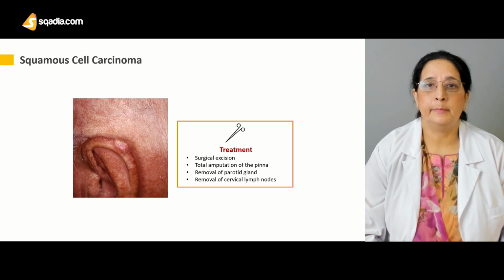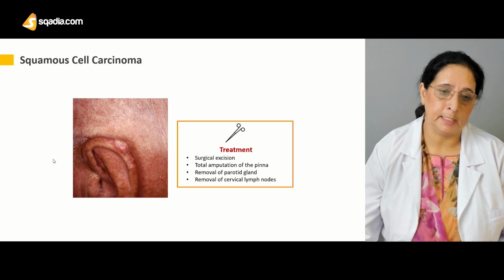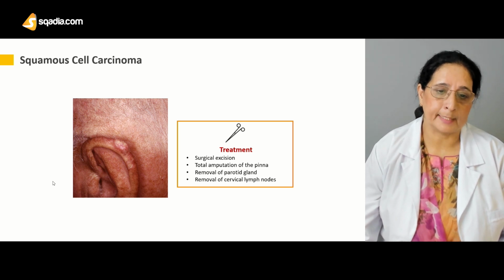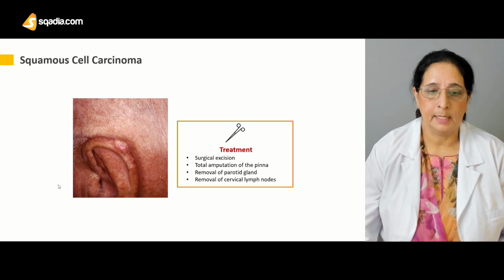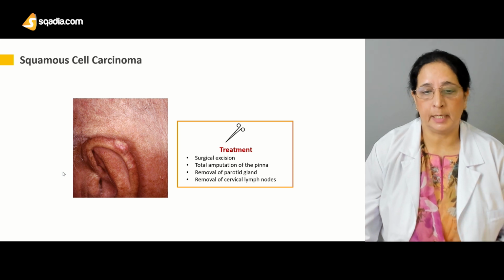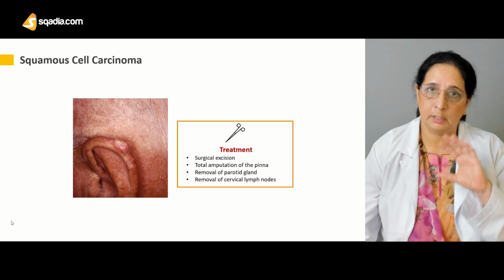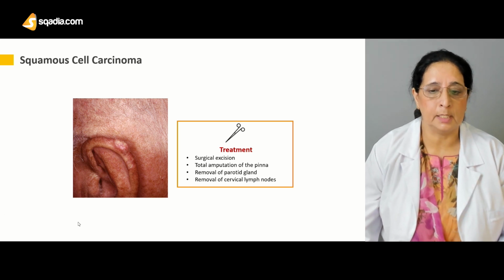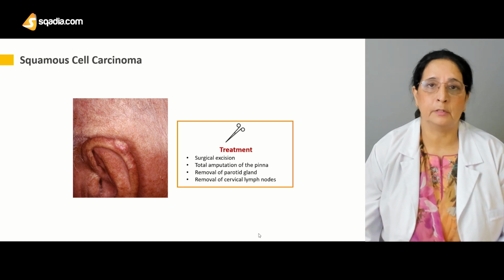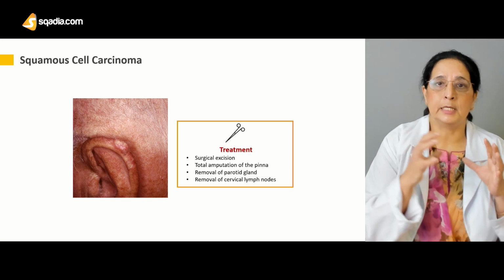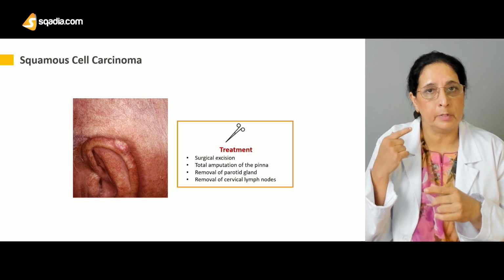Treatment of squamous cell carcinoma can be surgical excision. You can see how squamous cell carcinoma appears in clinical practice. Surgical excision can include total amputation of the pinna, removal of the parotid gland, and removal of cervical lymph nodes, because it metastasizes first to the lymph nodes in the surrounding area.